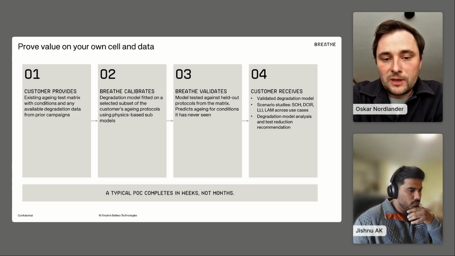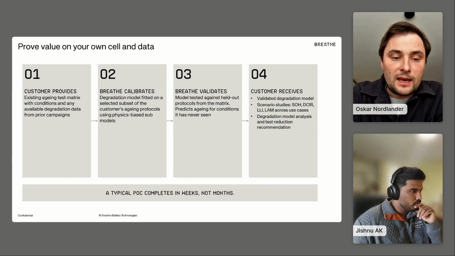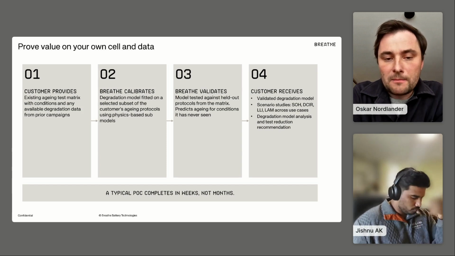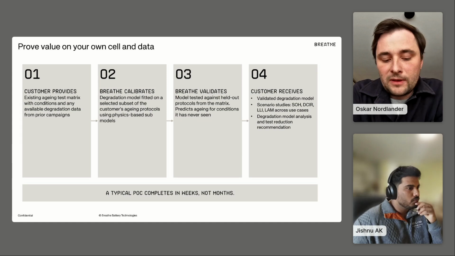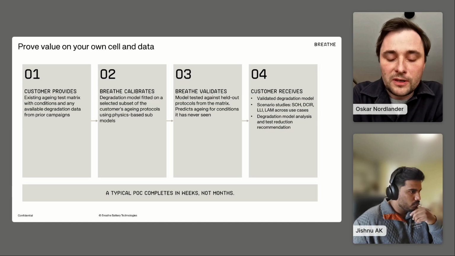And thereafter, we provide insights into which test protocols can be reduced by the degradation model. The next step after that is that we calibrate the degradation model based on the subset protocols. And the third step, as important as with every single model, is that we validate the model based on unseen data that the model hasn't seen before.